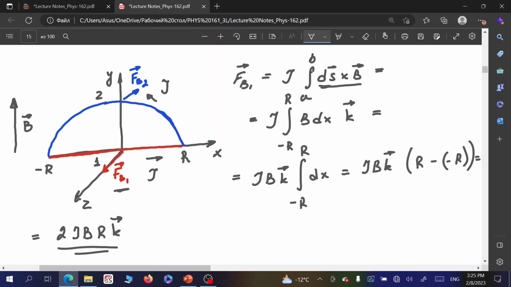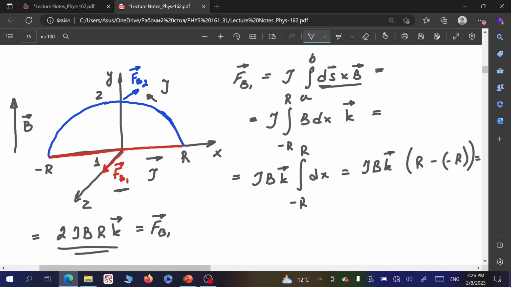And this is our FB1 vector, the magnetic force exerted on segment number 1, this red one, of this current loop created by two segments of the conductors, segment 1 and segment 2. So we figured out FB1 vector.